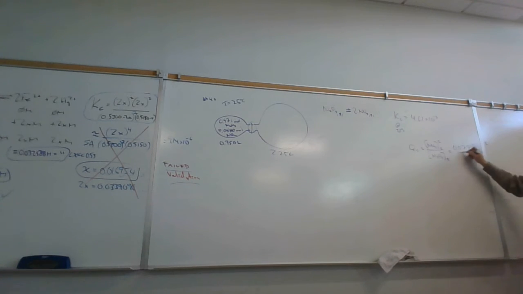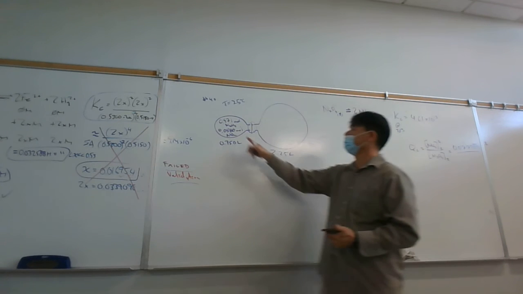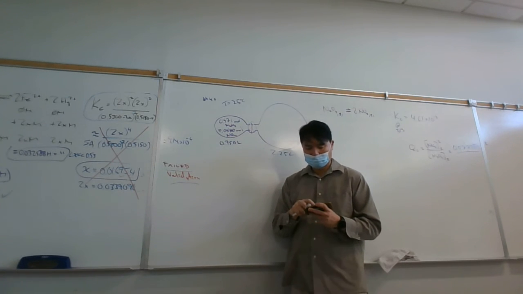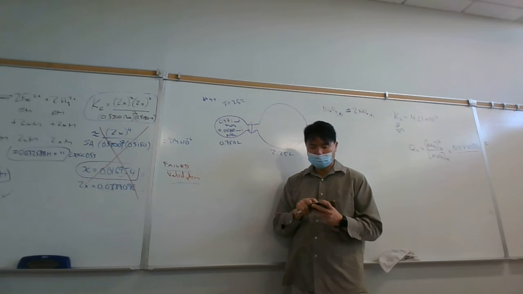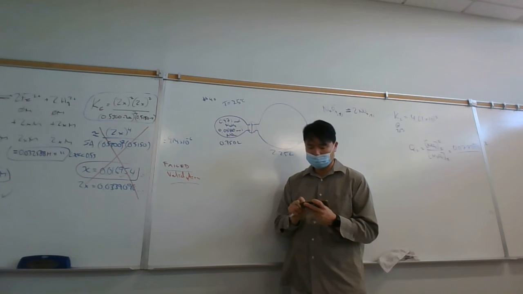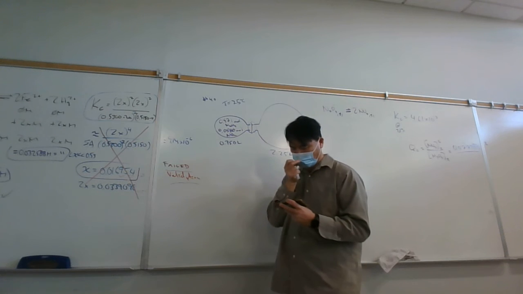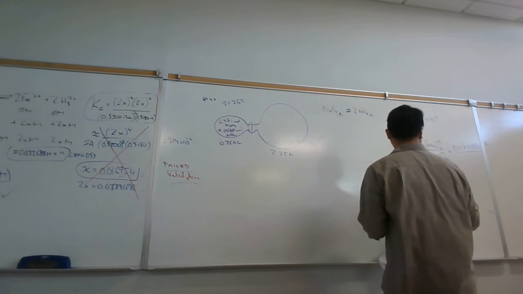Square, divided by the N2O4 concentration for the first. So that's going to be 0.971 divided by 0.75, which is 1.294.